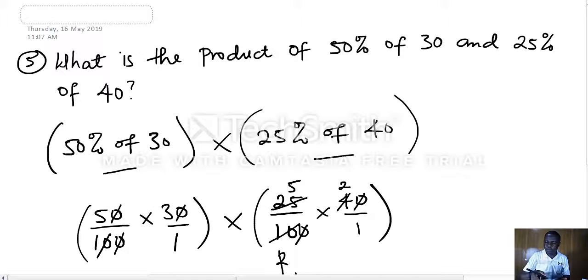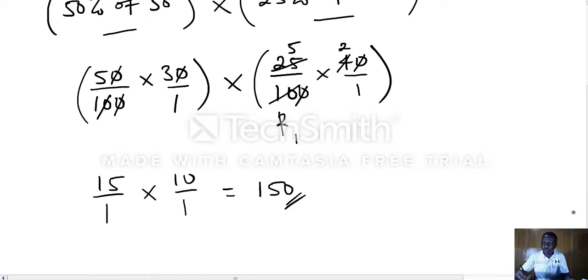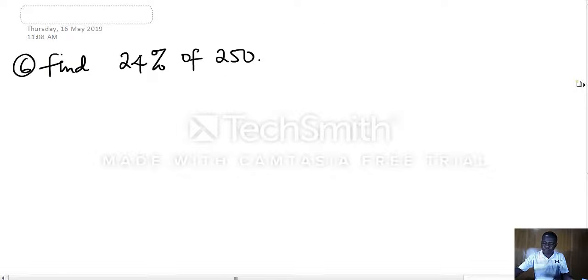So the product of 50% of 30 and 25% of 40 is 150.